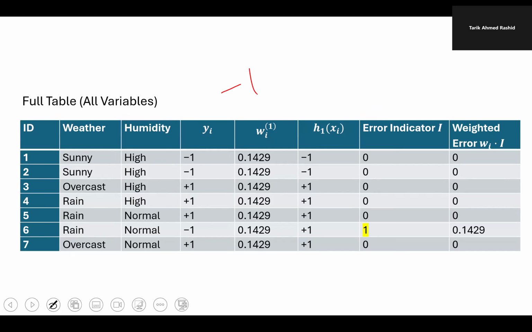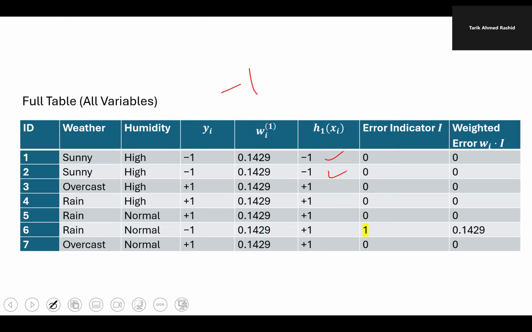High is plus, otherwise we don't care. Rain is plus, otherwise we don't care. And rain, normal, plus, we don't care because they're not sunny. So we care only about the sunny. So rain is -1. Our condition is h(x) equals -1 if it's sunny, so this is a mistake that we have. It has to be 1, the indicator.